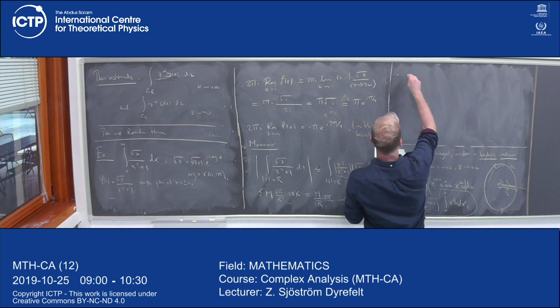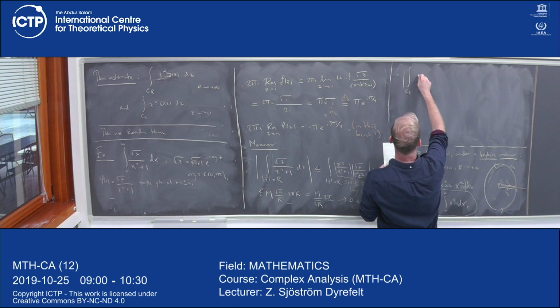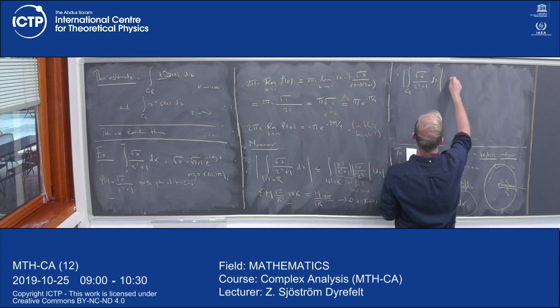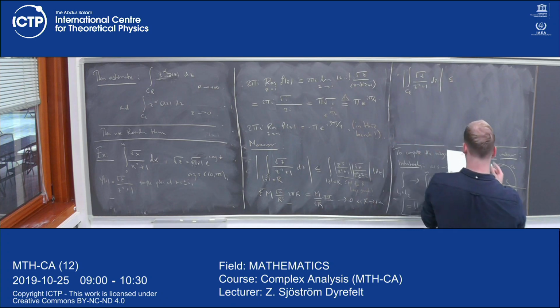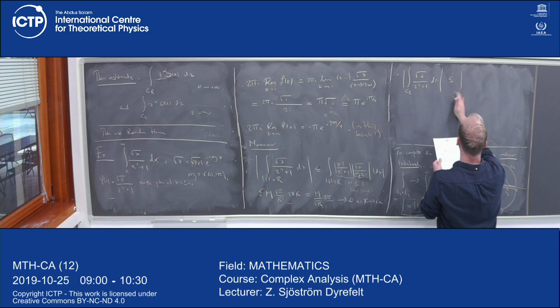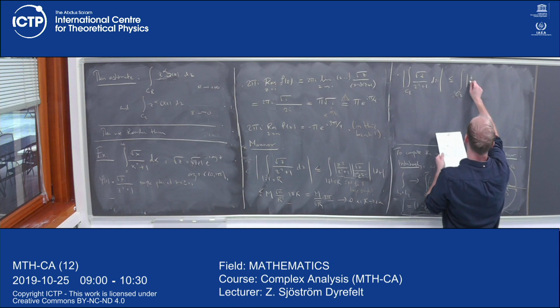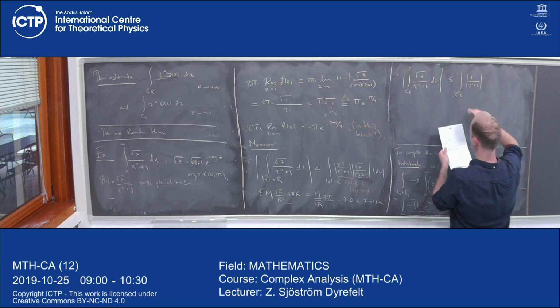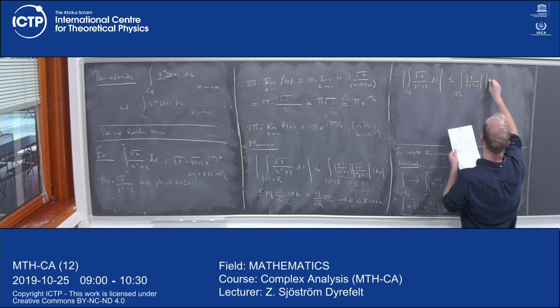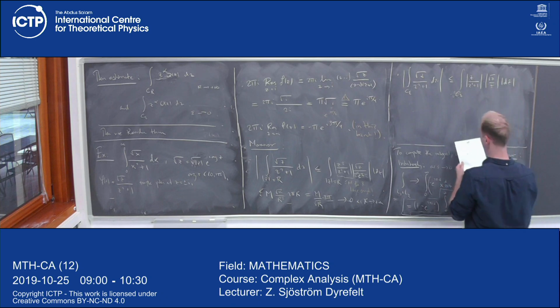So on the small circle C epsilon, the absolute value of the integral of square root of z over z squared plus 1 dz is less than or equal to the integral of the absolute value of 1 over z squared plus 1 times square root of z, dz.